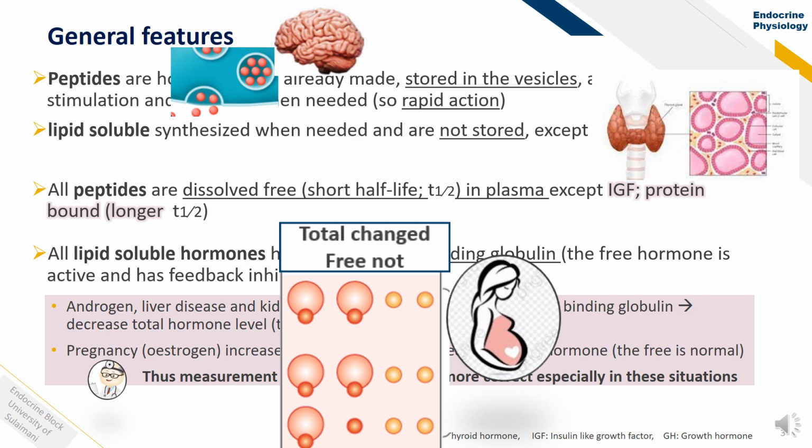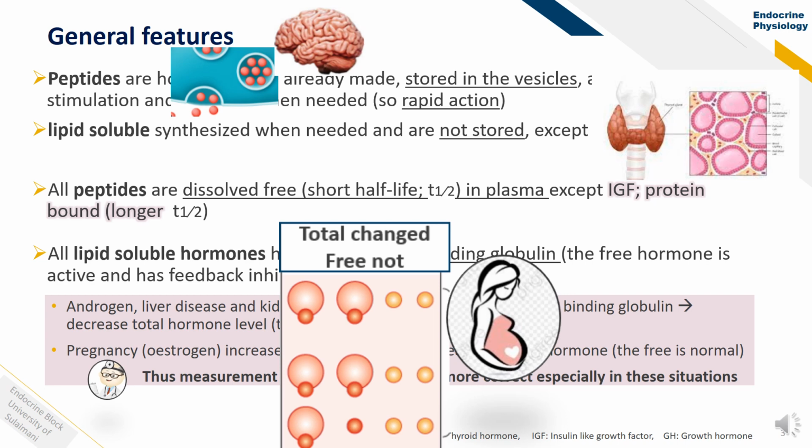Can you say that this pregnant female is thyroid toxic or has hyperthyroidism? No, of course not. Although it does not depend on a single investigation, you have to send for free hormone for this patient. Of course TSH is the most important one, and if you send for thyroid hormone, you have to send for the free one for the pregnant female.